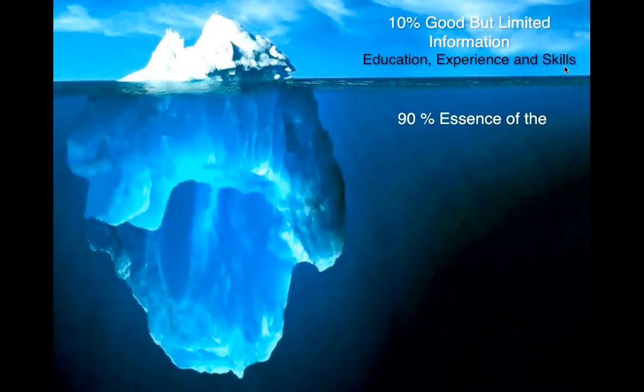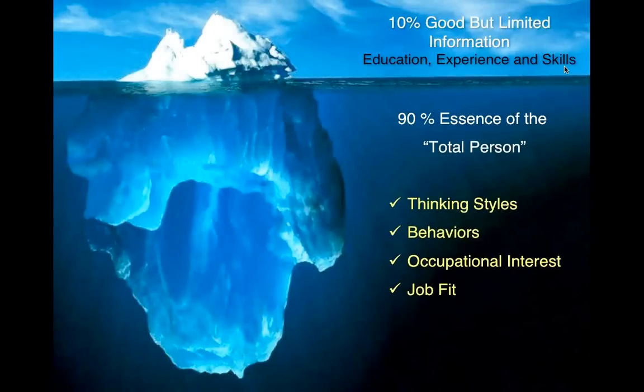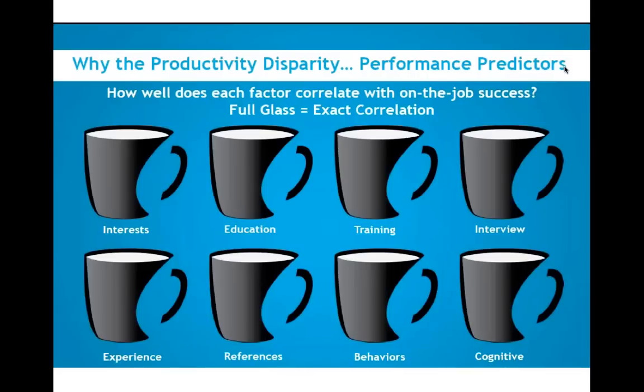We're not saying that the 10% you see at the surface level, whenever you are hiring or promoting somebody, is not good information, but it is very limited information. It is just education, experience, and skills. But the essence, 90% of the total person, you can't see because it is submerged at the bottom, and it can't be uncovered during the traditional ways that we make decisions for hiring and promotion.